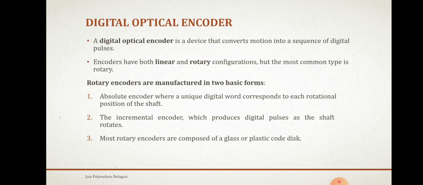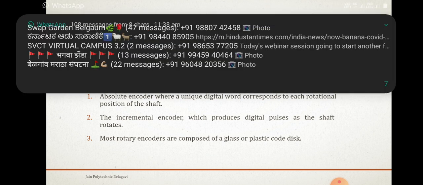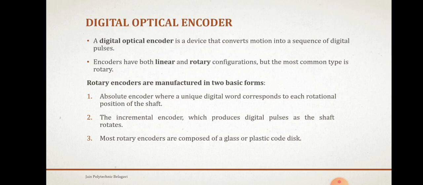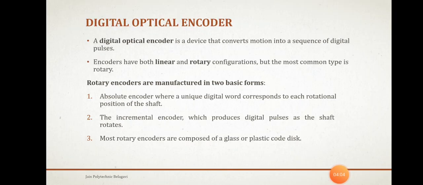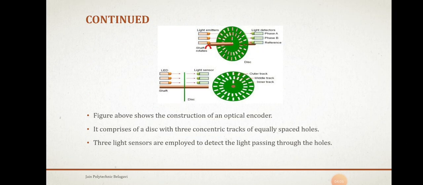First one, the absolute encoder, where a unique digital word corresponds to each rotational position of the shaft. The incremental encoder produces digital pulses as the shaft rotates. You can see the figure of it.